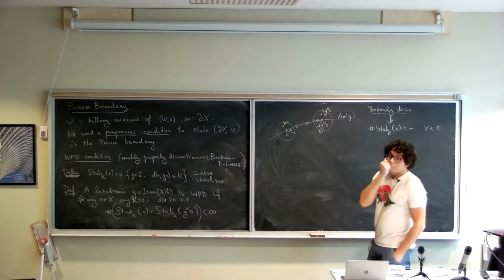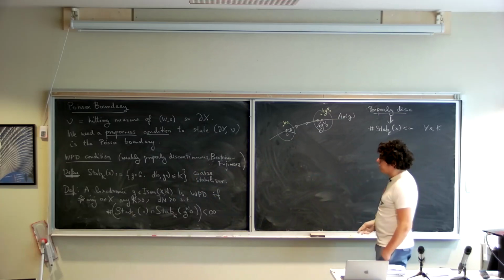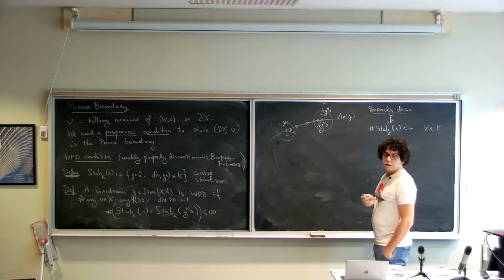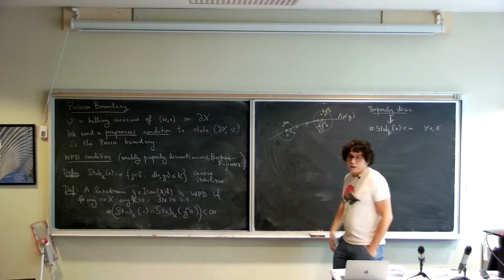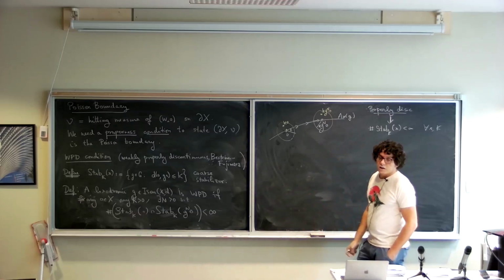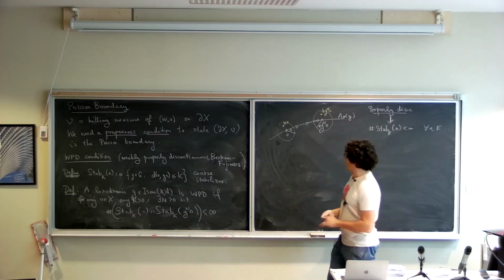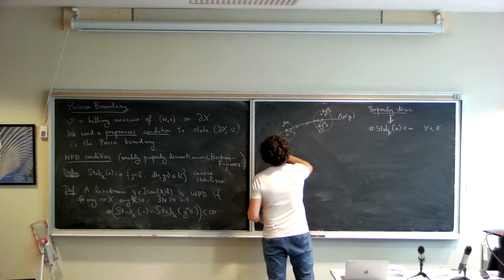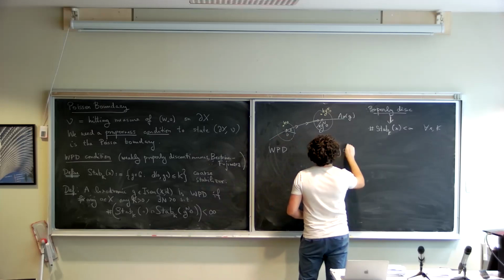Yes? No, this condition is interesting in non-proper spaces. Oh, I see. No, absolutely not. Yeah, exactly. This condition is useful in non-proper spaces. So there is WPD, and there's another notion which is called acylindrical.